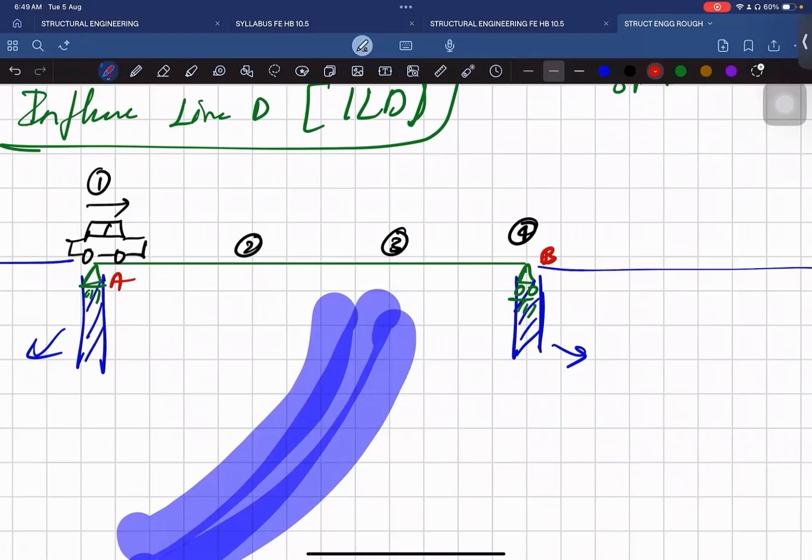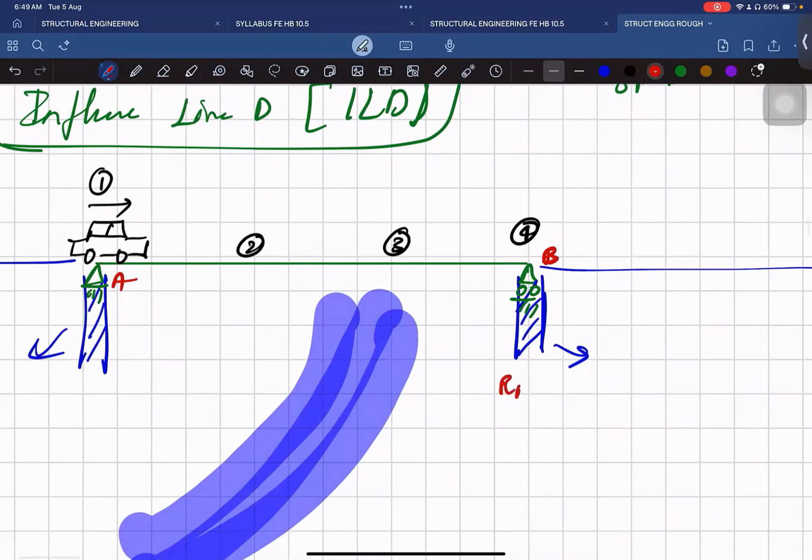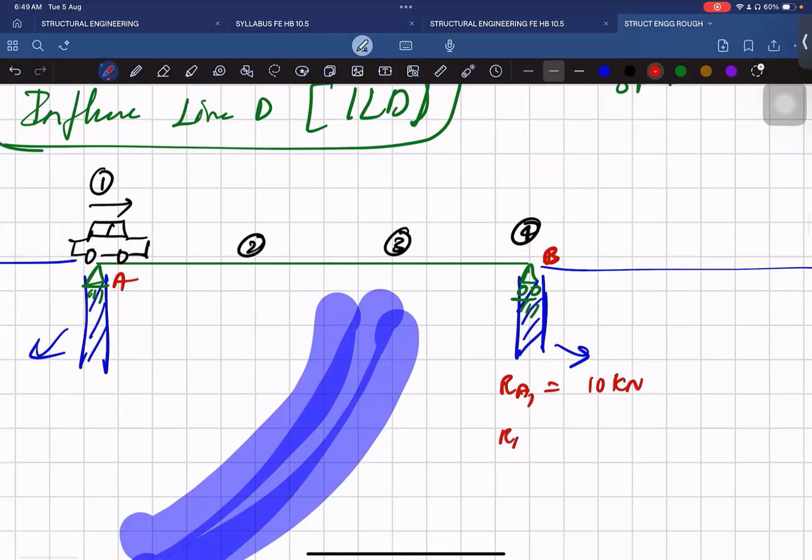When the vehicle is at A, the reaction at A will be some value. It will be like 10 kilonewtons. Now I place my vehicle at location 2. When it has traveled to here, will the reaction at A be the same or different?